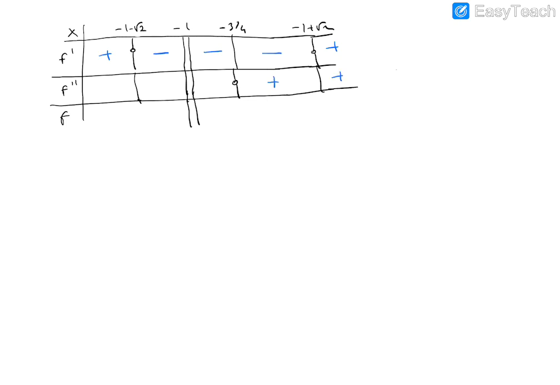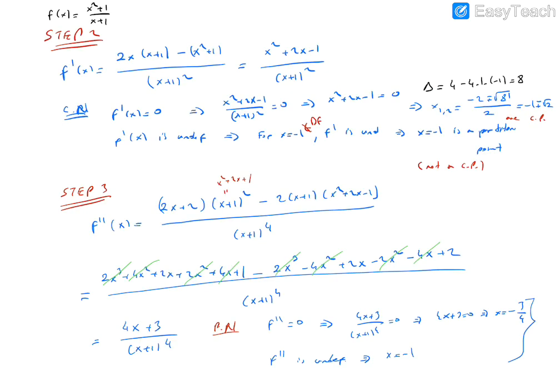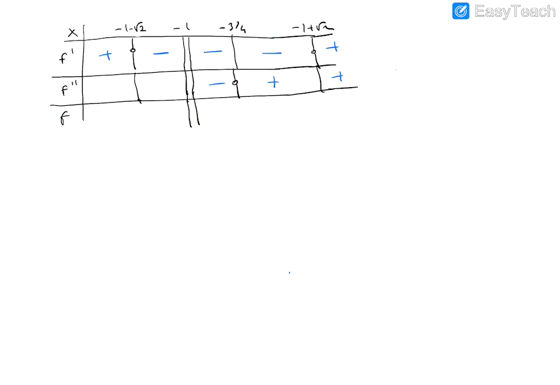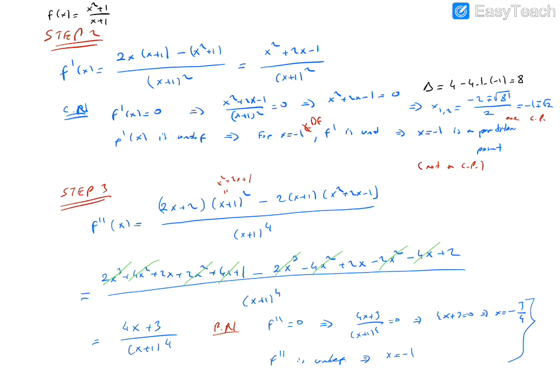At minus 3.4, it changes the sign to negative. At the point minus 1, the power of x plus 1 is 4, so there is no change of the sign. Okay. If you want, you can check for x equals minus 2. For x equals minus 2, the numerator is negative, the denominator is positive, so it is negative.